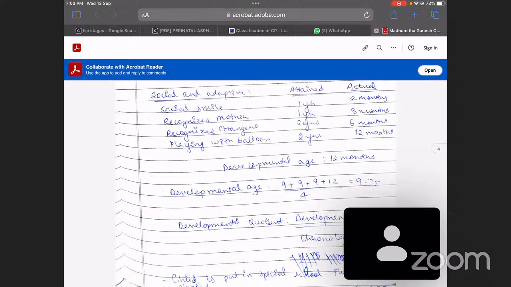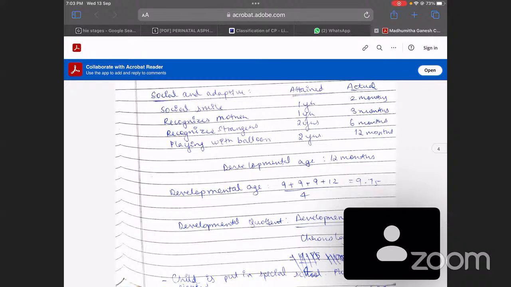Because, for example, if social smile is acquired at 2 months for a 1 year age, you just calculate 2 months by 1 year, so it gives some value of DQ. And the same DQ is acquired for recognizing mother, 3 months, 1 year. So whenever the DQ is similar in 2 to 3 domains, then it's more likely a static thing.